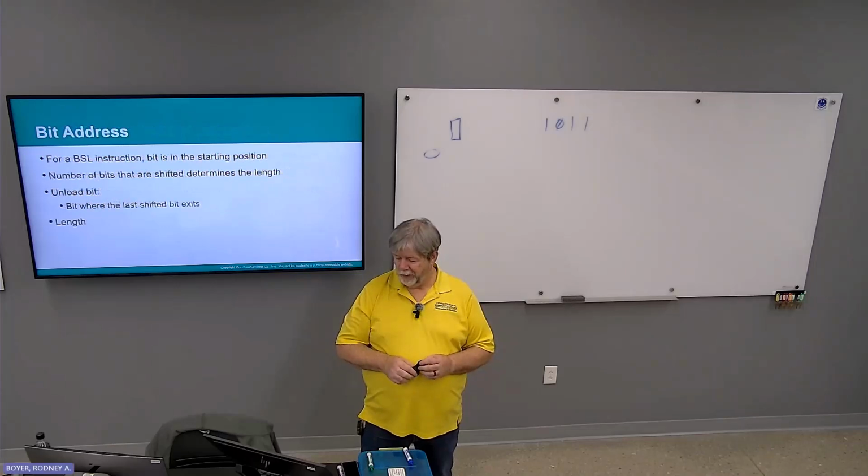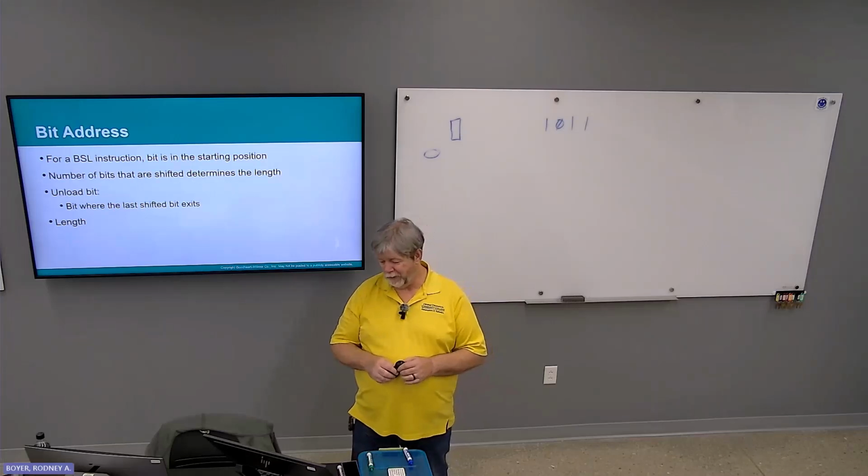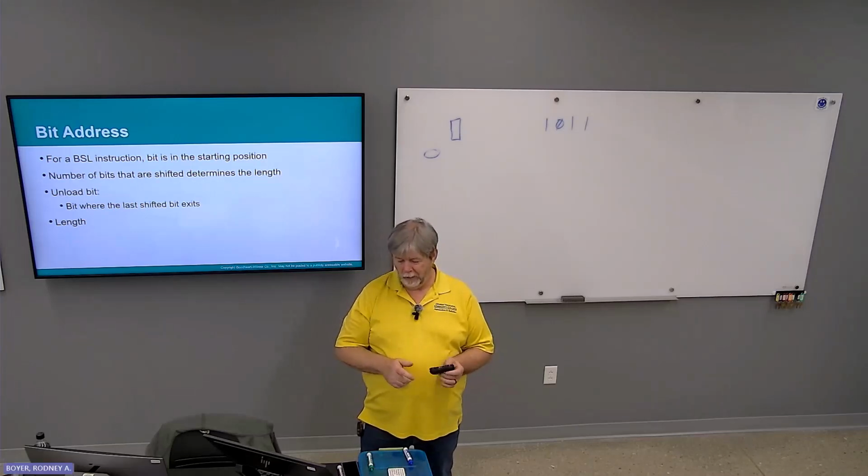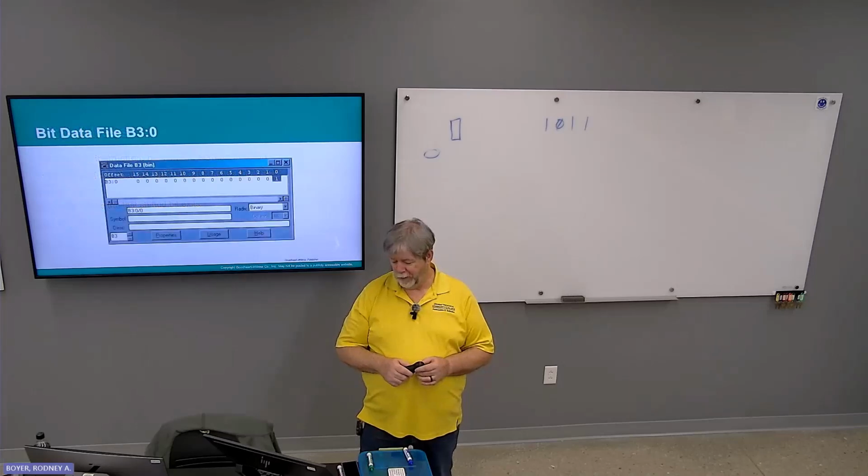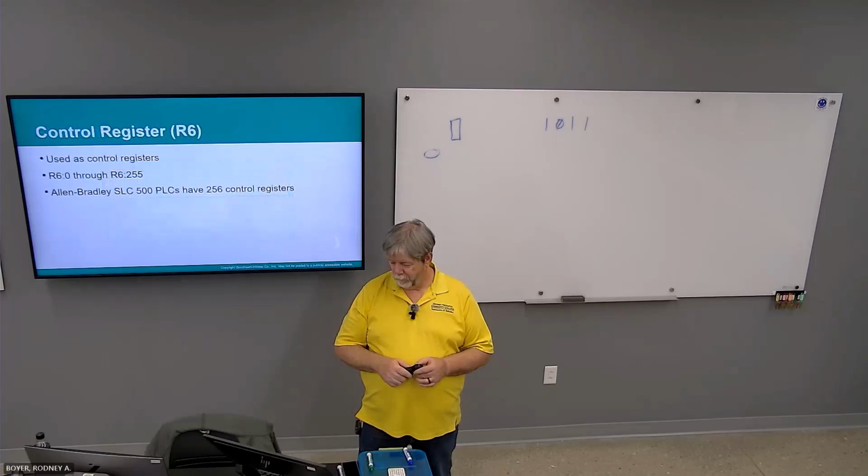Bit address for bit shift left, bits in the starting position. The number of bits that are shifted determines the length. The unload bit is where the last shifted bit exits. And then, of course, you have the length that determines how many bits it's interested in. Control register R6, 256 of them.